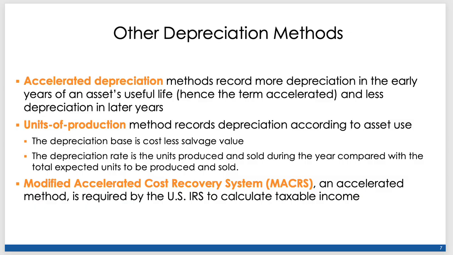And then it essentially slows down, with less depreciation in the later years. And of course, what that does is it increases your non-cash expenses, and that may be useful to you for taxation purposes, for instance.